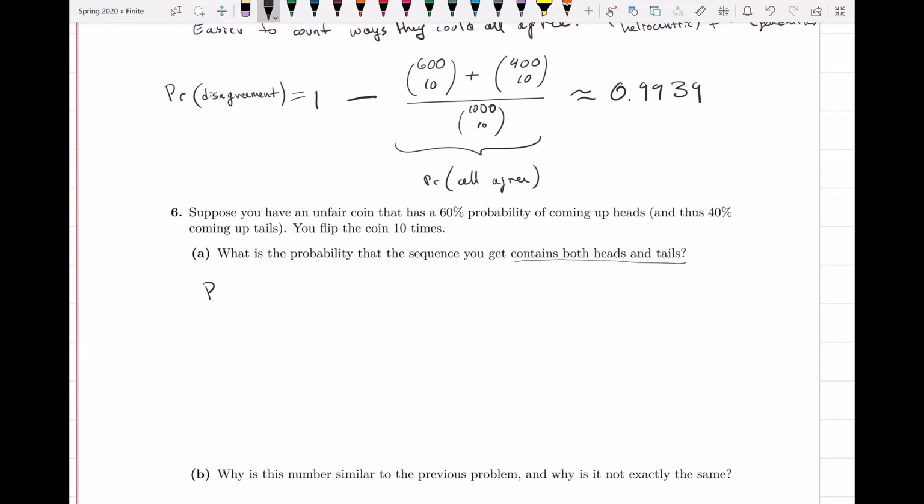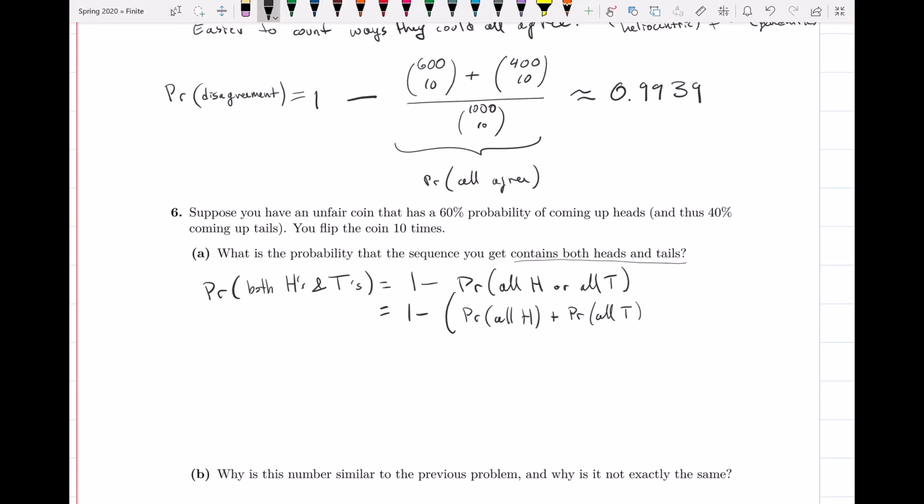So the probability of both heads and tails equals 1 minus the probability all heads, all H, or all T. And the probability of all H or all T is just the sum of the probability all H plus the probability of all T.